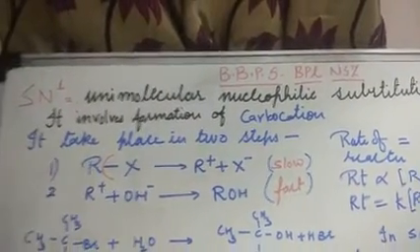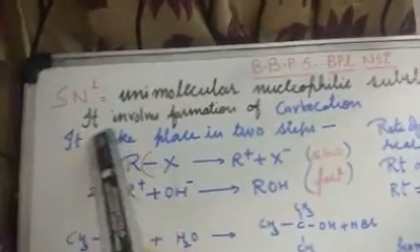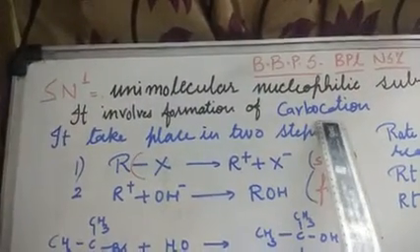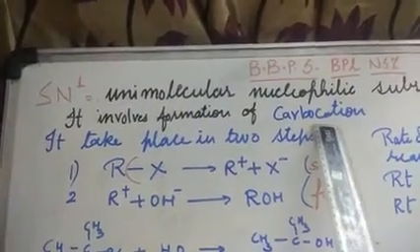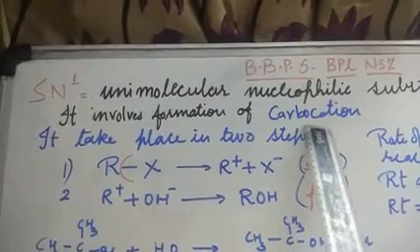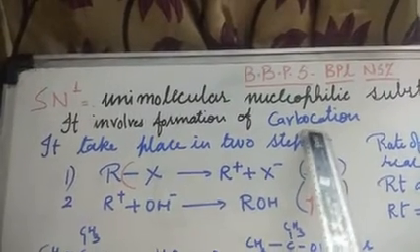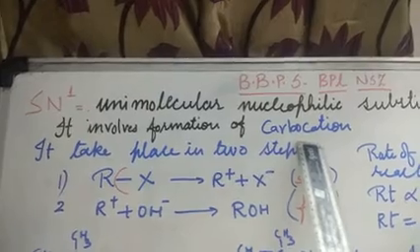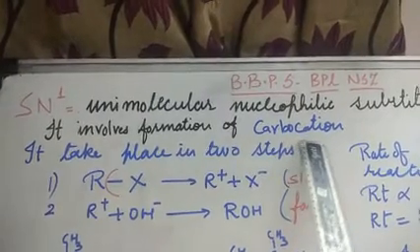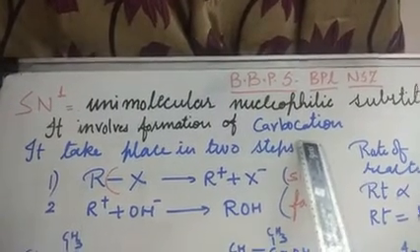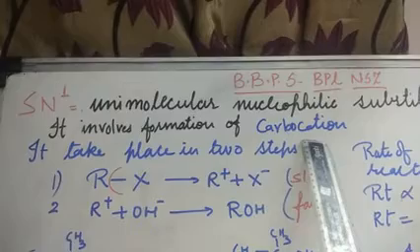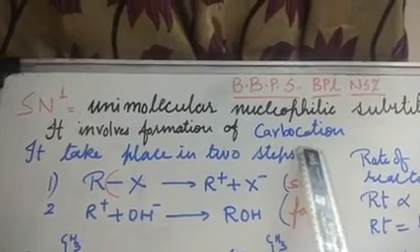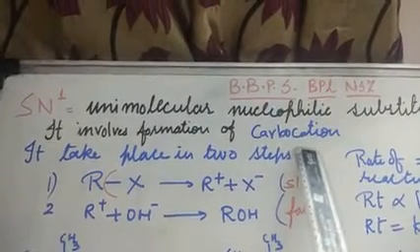First of all, I am telling you students that this SN1 involves formation of a carbocation. I think you remember carbocation, it was a very important topic in class 11th. Carbon having an incomplete octet with one positive charge is called a carbocation. The organic species after heterolytic cleavage, where carbon develops a positive charge, is a carbocation.